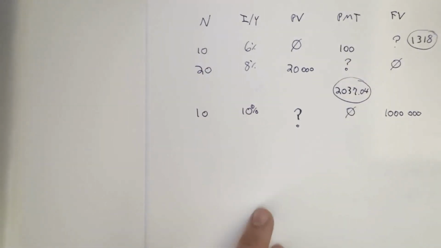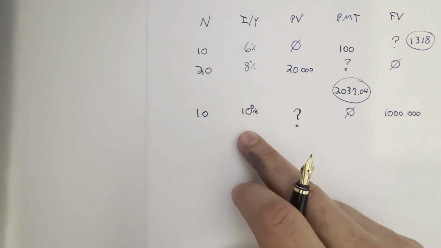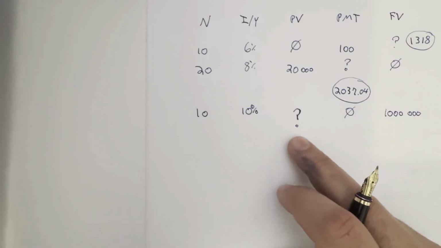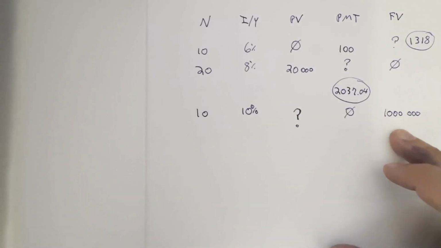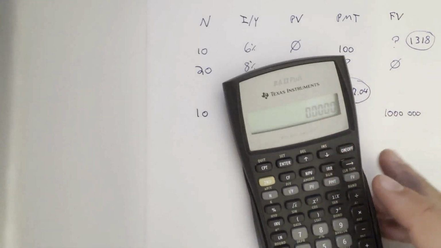So here's what I'm going to do. I'm going to present value back that $1 million by 10 years at 10%, and I'm going to figure out what that present value is. And I'm going to figure out, should I get the $1 million in 10 years, or should I take $800,000 today? These are the options. So let's go ahead and do that.